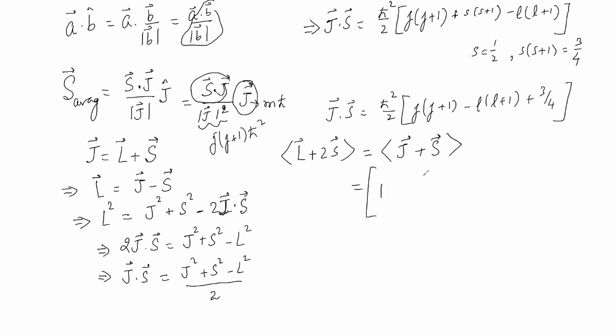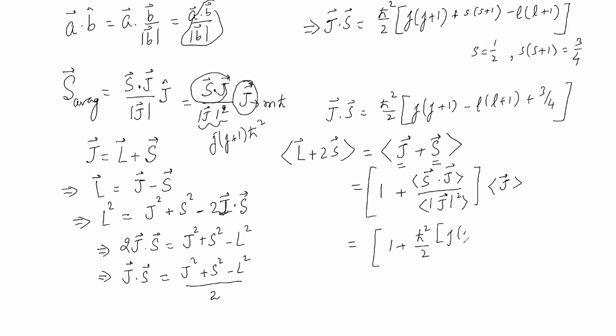Therefore I can write this by taking J outside, because one J is here and another J I will get from this place: 1 plus S dot J by J square, and then the average value of J. This is 1 plus S dot J, which we have evaluated: h square by 2 times J(J+1) minus L(L+1) plus 3 by 4, upon J(J+1) h cross square.